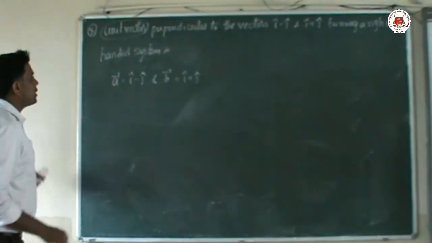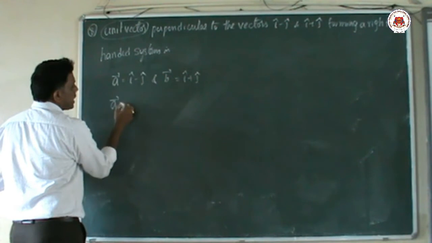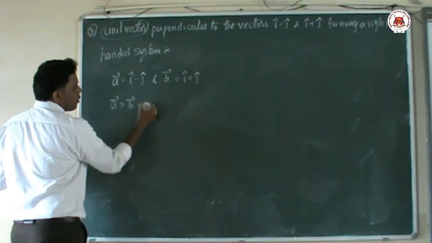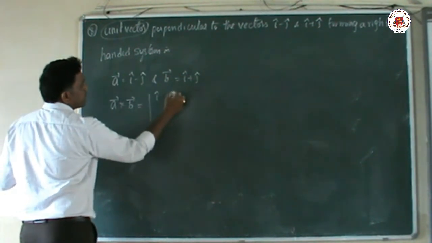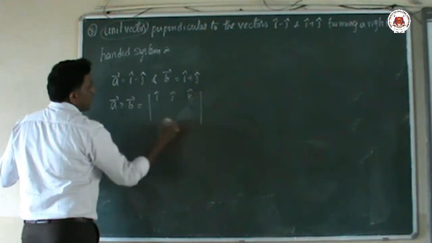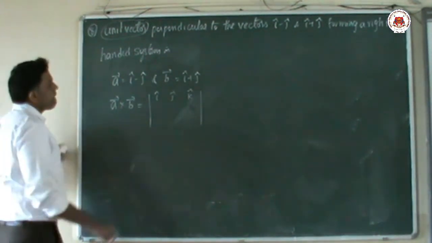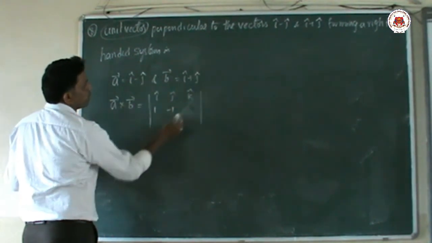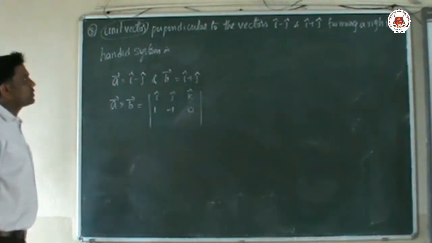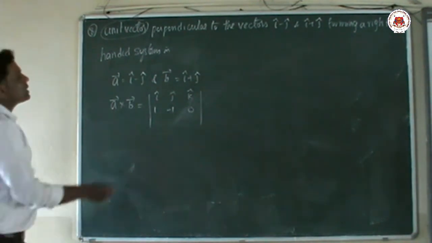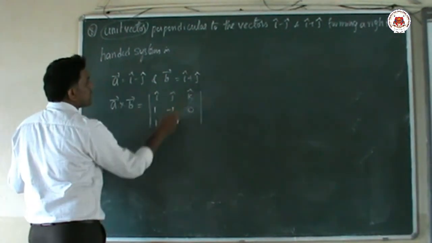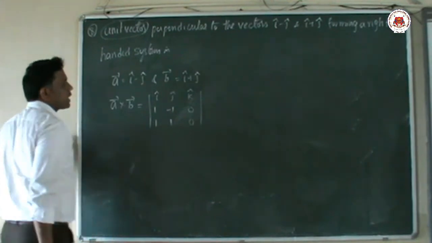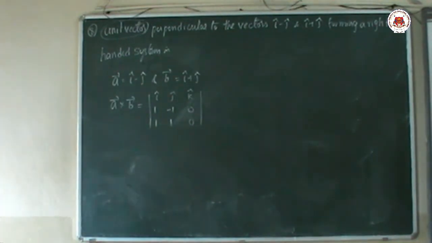So children, first of all we have to find vector A cross vector B. How to find the cross product? Same determinant method as in matrices. i cap, j cap, k cap. Here the i component is 1, the j component is minus 1. There is no k component, so we put 0. Next for B, the i component is 1, the j component is 1, and the k component is again 0.